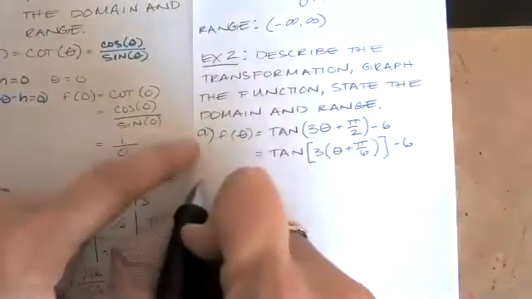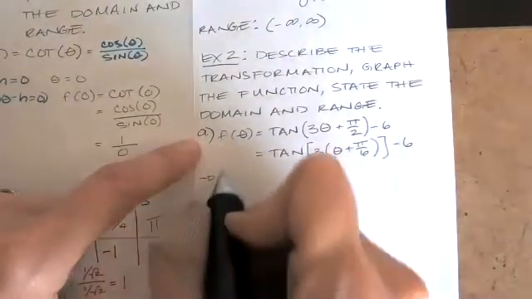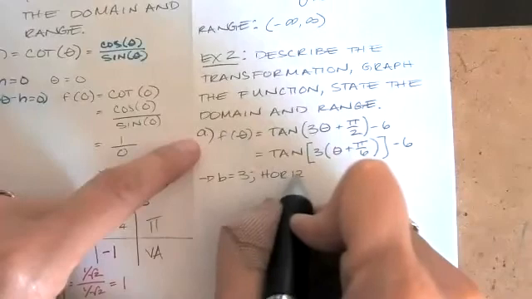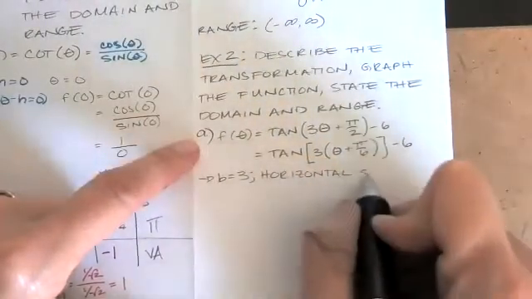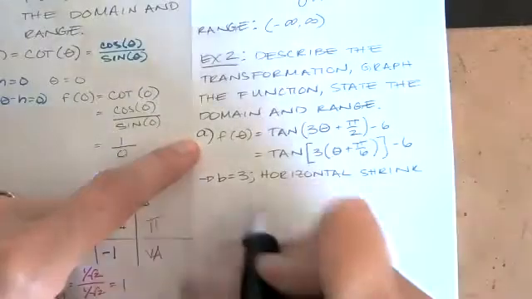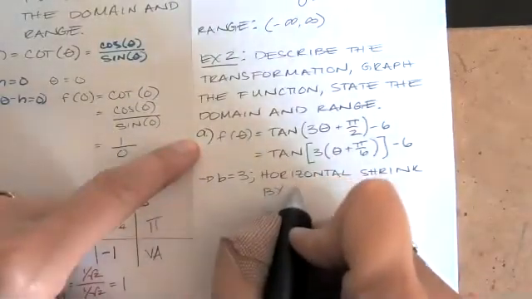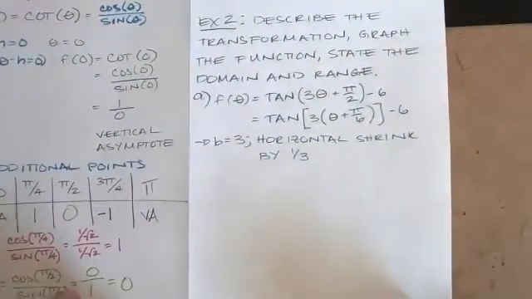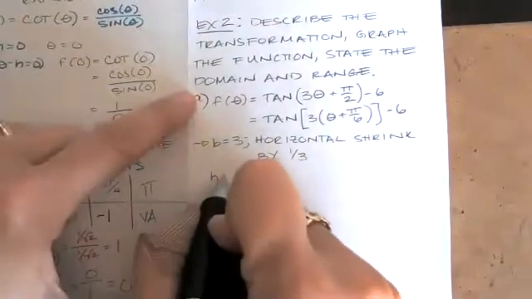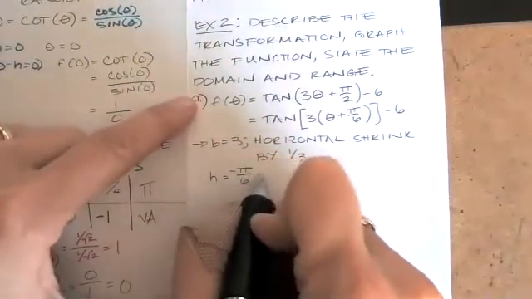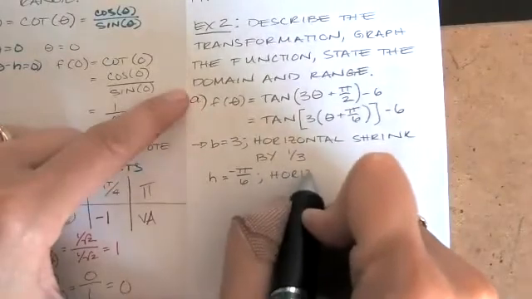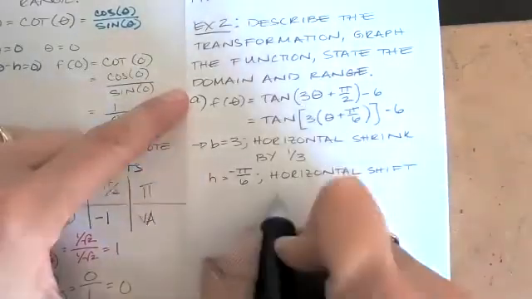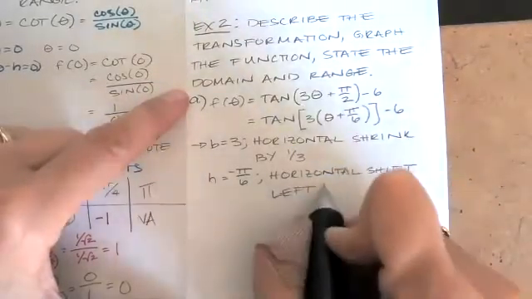So here's our description. I noticed that b equals 3, and that is a horizontal shrink by 1/3. I noticed that h equals negative pi over 6, so that's a horizontal shift left pi over 6.